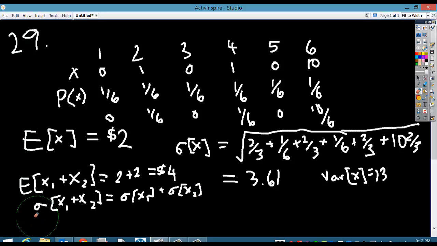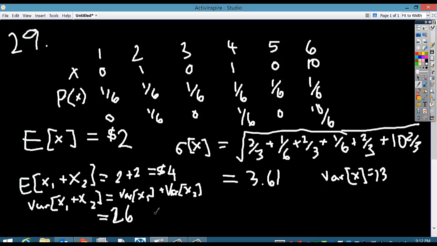But what we can do is say that the variances add, right? Variances definitely add, so I'll write variance. If the variances add, that means we want to use the 13, the variance of our random variable. So this would be 13 plus 13. So the variance of the sum of the variables is 26.